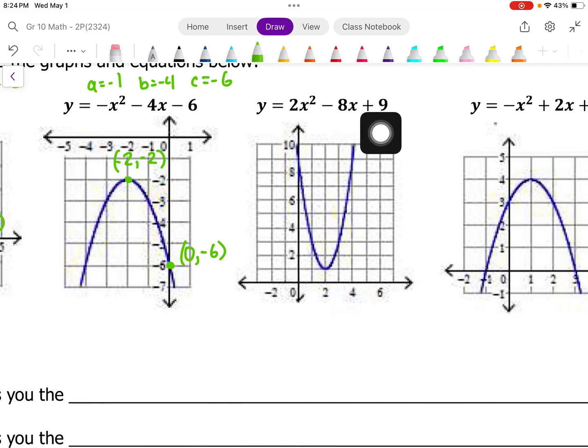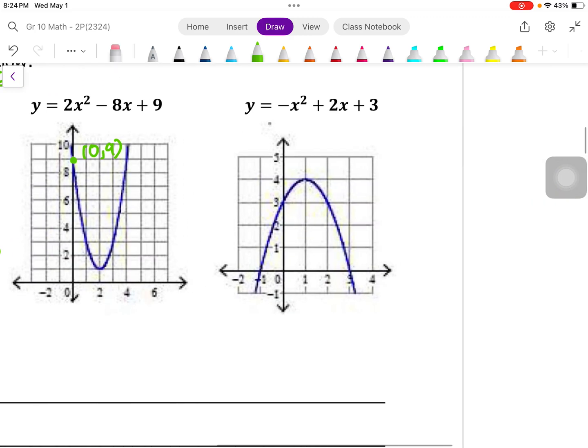So +9 is our y-intercept at 9, and it looks like it is. So at (0, 9). So there is our connection between standard form, and here we have a c of +3, and if I go to my y-axis at +3, sure enough, whoops, writing that backwards here, not (3, 0) but (0, 3).